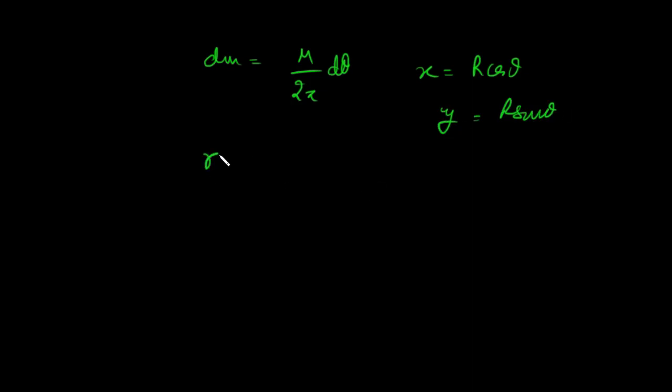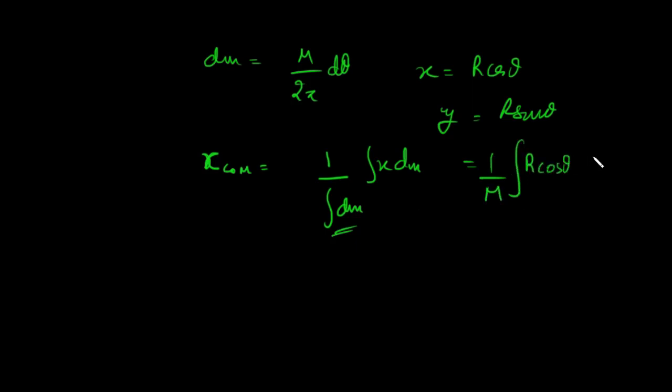So what is the center of mass? What will be xcom? xcom will be equal to 1 by integration dm, integration x times dm, right? This is m. What is x? x is r cos theta. And what is dm? dm is m over 2 pi times d theta, right? This gets cancelled. So what is the limit? Since it is the whole circular wire, this will go from 0 to 2 pi. Alright.